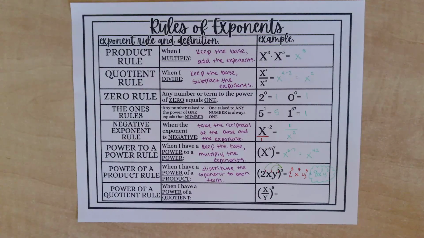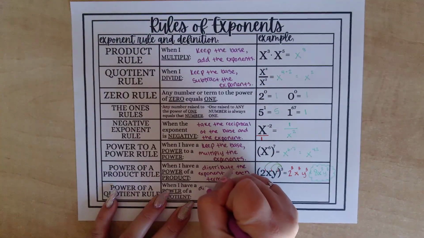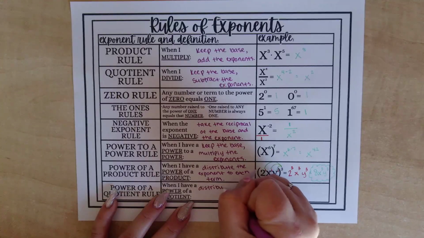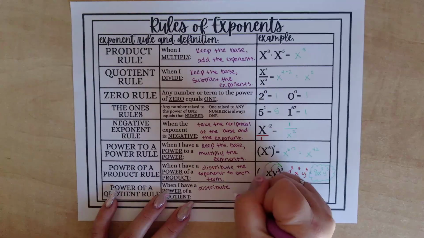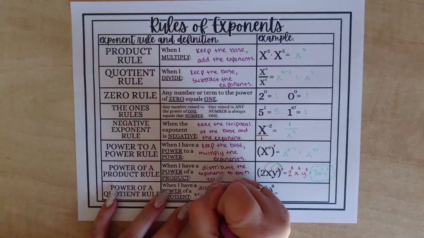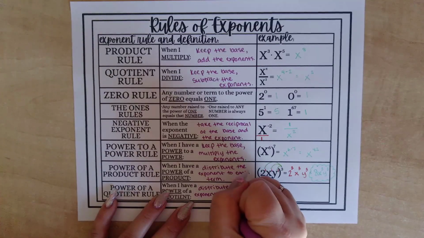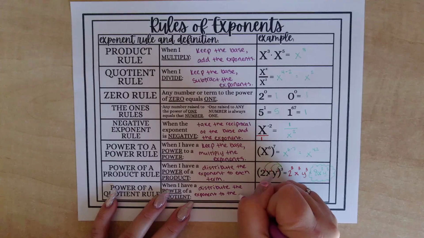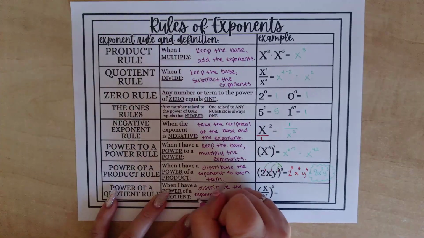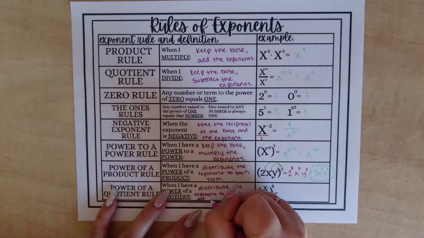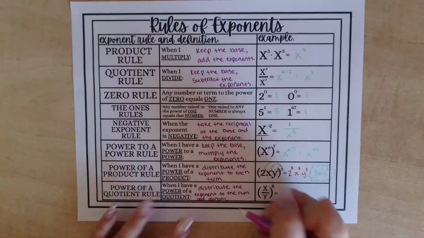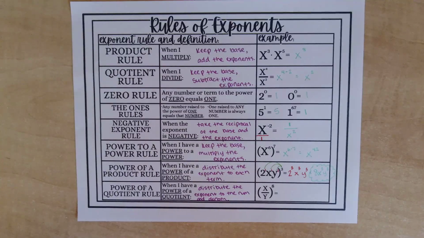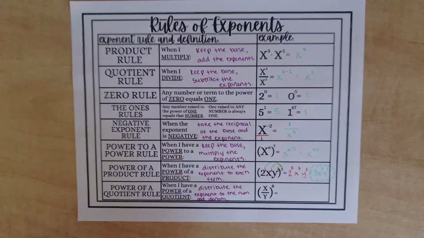So when I have a power to a quotient, we're going to distribute the exponent to the numerator and denominator.